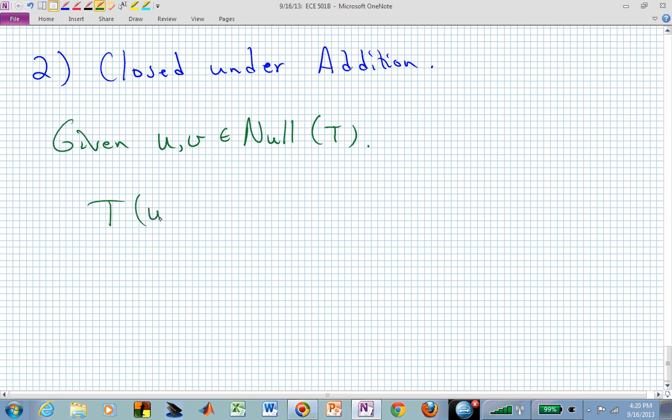Meaning now we have T of u plus v, but we know that this linear map has linearity properties, so that's the same as T of u plus T of v.